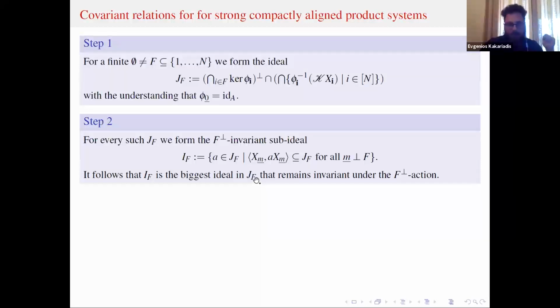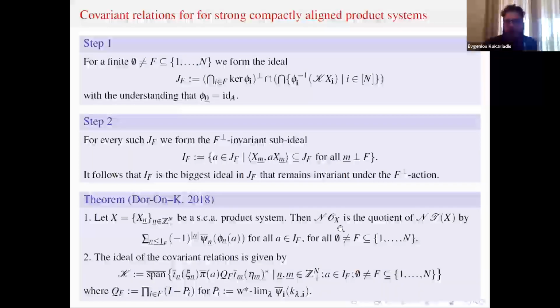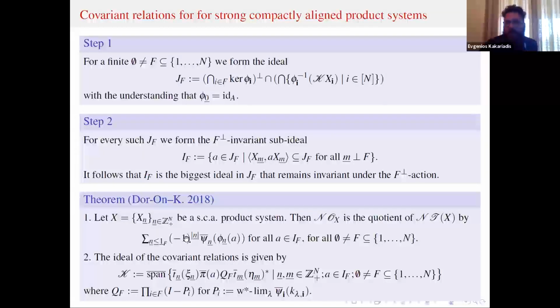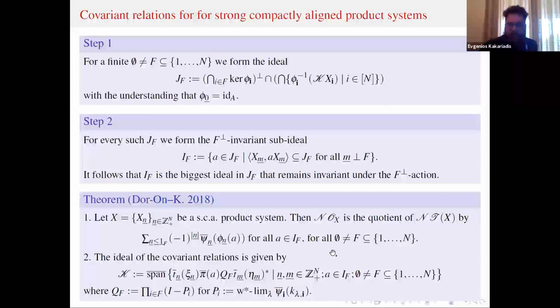The theorem that we have is that whenever you have a strong compactly aligned product system, we can have the covariant relations subject to these ideals IF. And they have a very nice description by taking alternating sums of their actions along these directions.